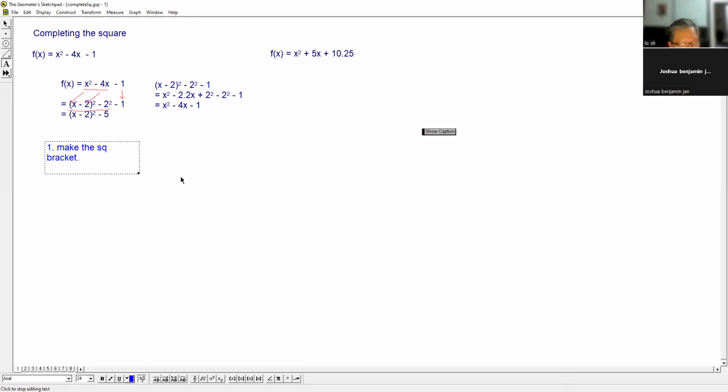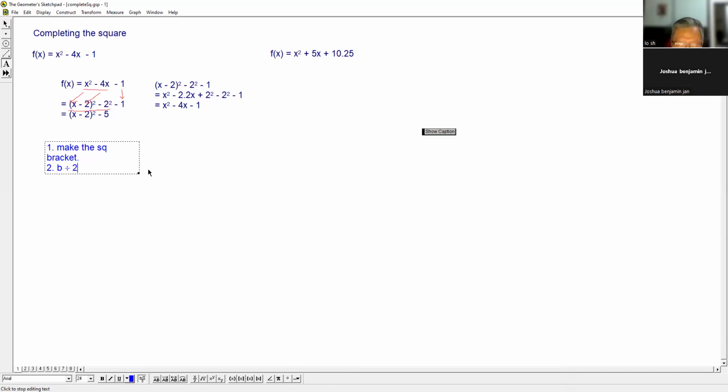You make the square bracket by using the number b here. The b is -4. So you use the number b, then you divide by 2. So when this -4 here, divide by 2, you get -2.